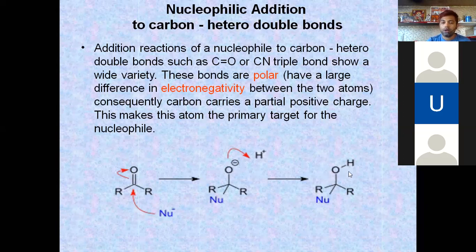As the ketone is converted into an alcohol, this is nucleophilic addition reaction across a carbon hetero double bond, in a carbonyl compound.